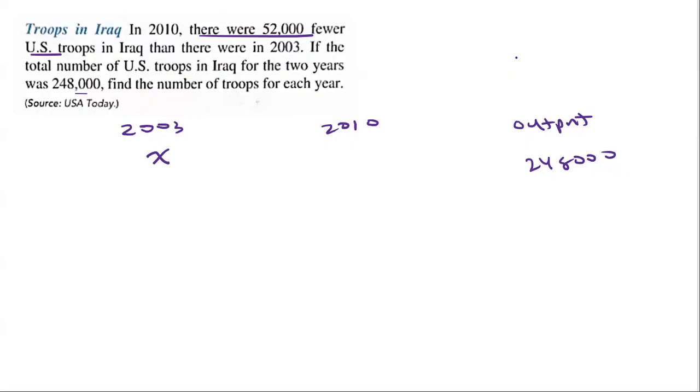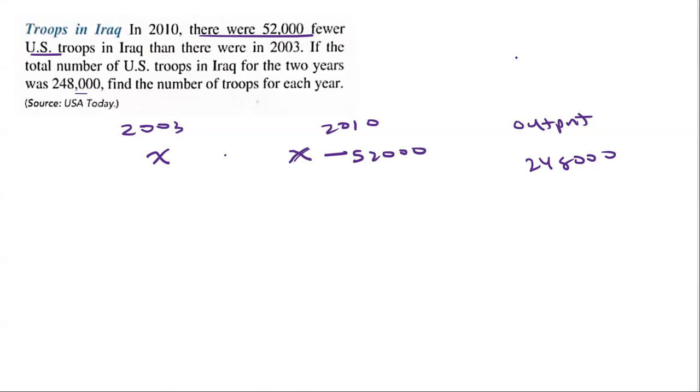Yes, exactly. So it's going to be X minus 52,000 because it's 52,000 fewer than before. X would be the bigger number because that's how much we had originally, then it went down, so we want to subtract. So X minus 52,000.